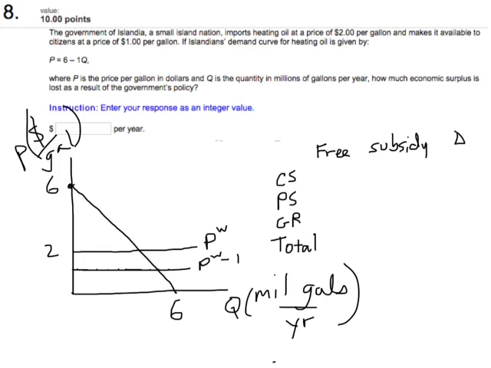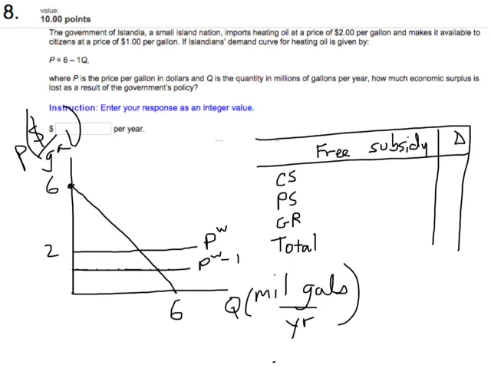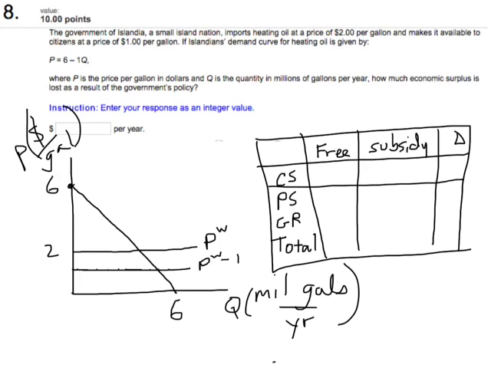Then let's look at the change, and we'll just make a nice little table here. Not a very pretty table given my poor drawing skills, but it'll do the job. Let's do the free market case first. Oh, I've got to label all my areas.